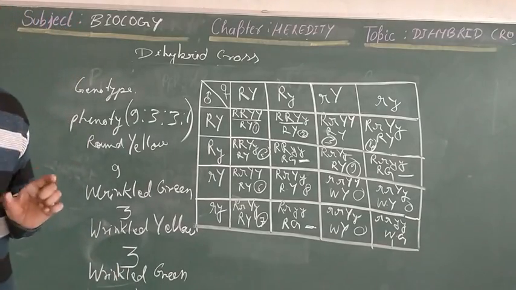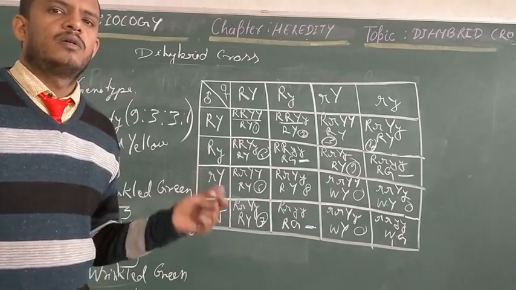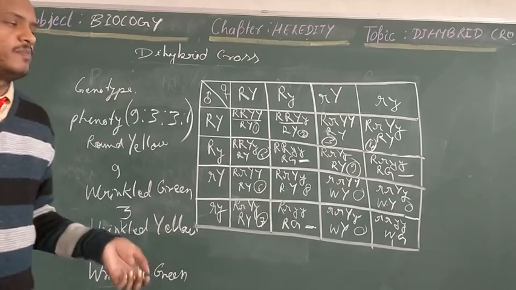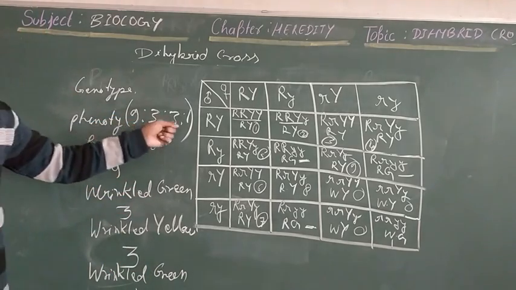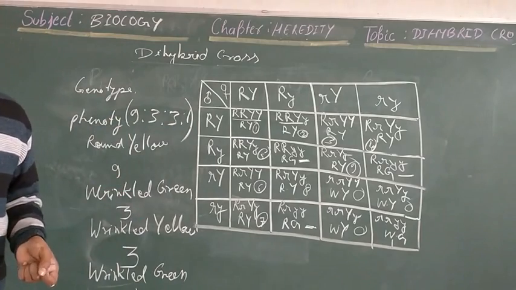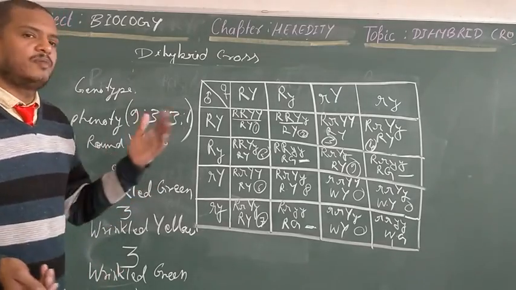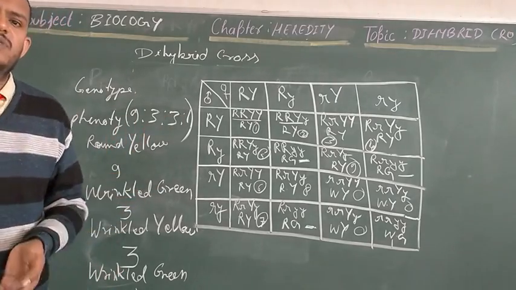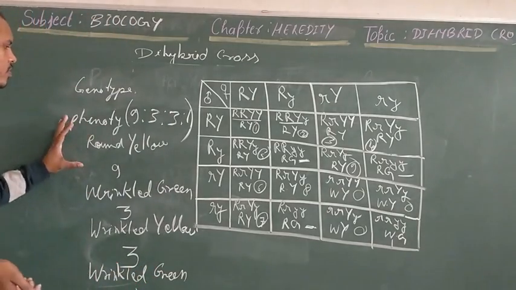Just think, Mendel chose only 2 types, wrinkled green and round yellow, dominating. But what he got in his F2 generation is 4 types of variation. Thus, it is the law of independent assortment, that genes can independently assort or segregate themselves. Got it? So this is your phenotype ratio.